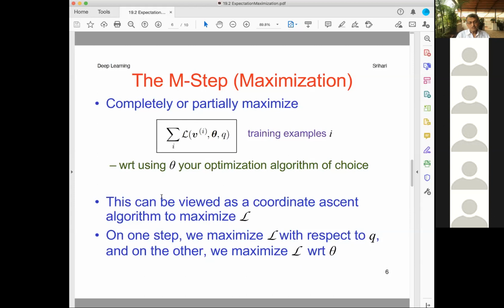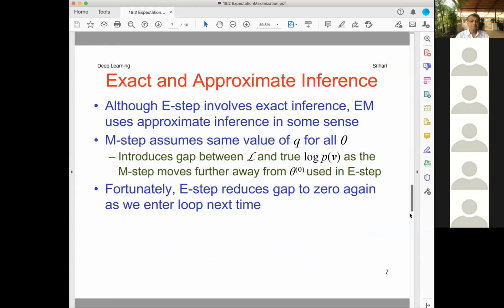This can be viewed as a coordinate ascent algorithm to maximize L. We fix the value of Q from the previous step, and using that Q, we keep on changing theta until we find a maximum. On one step, we maximize L with respect to Q, and on the other, we maximize L with respect to theta. That's what's going on here.